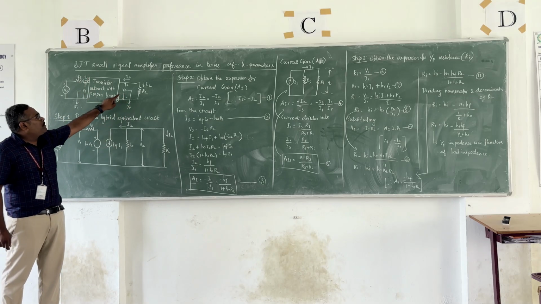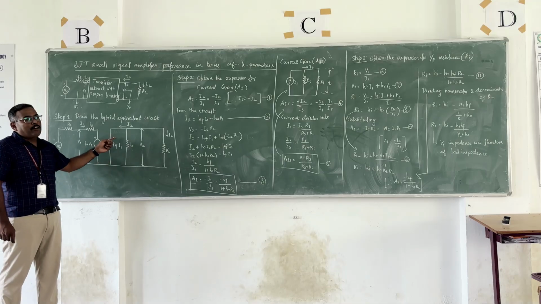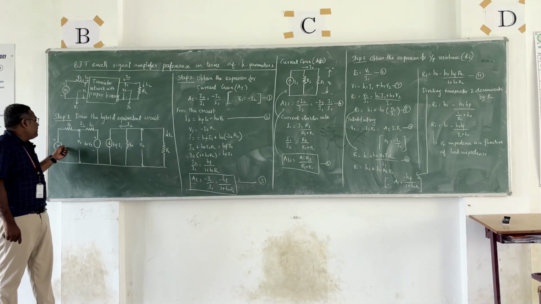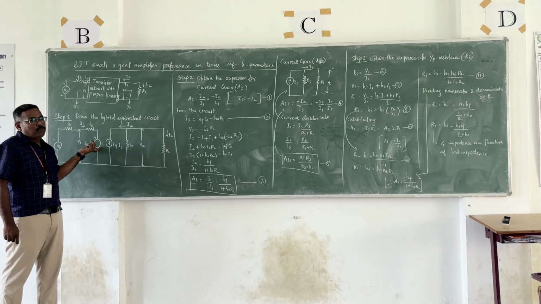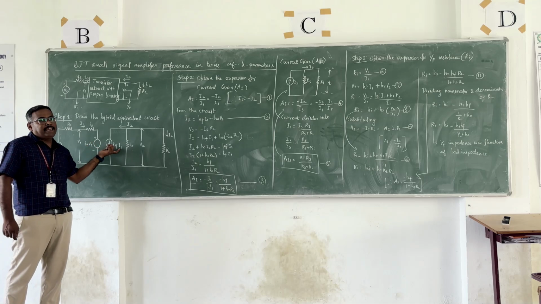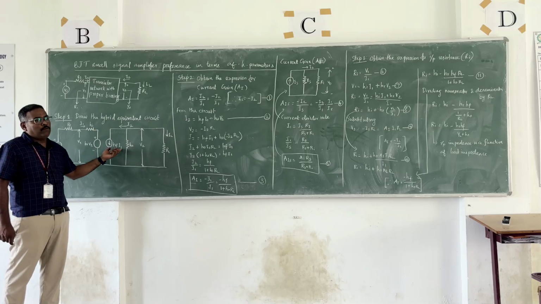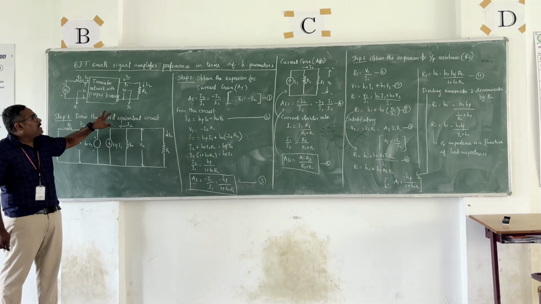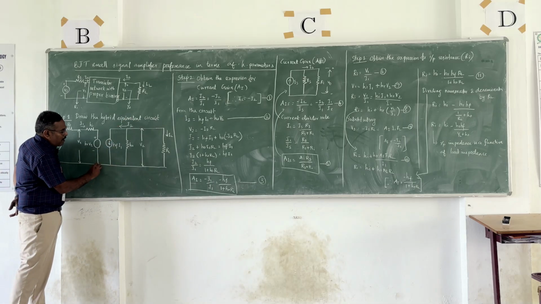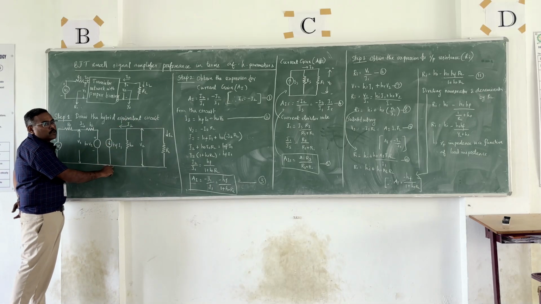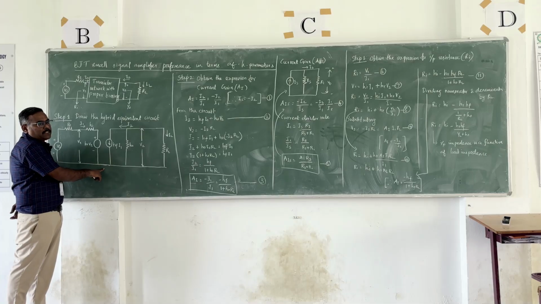Okay. Initially we are giving a voltage source. The first half we take as the output voltage, and the second half as the input current I1. One terminal is common, so that is why we have a common connection here.